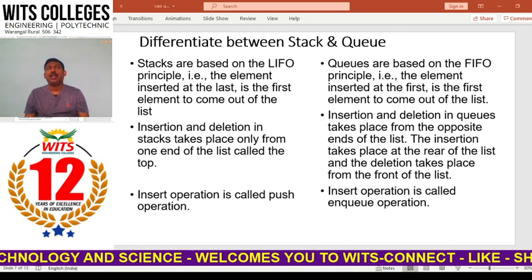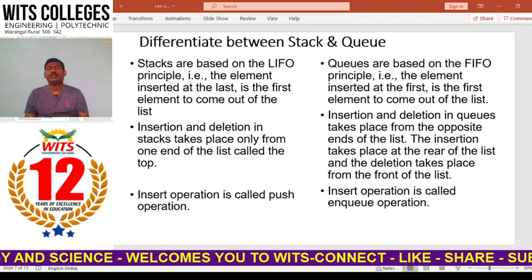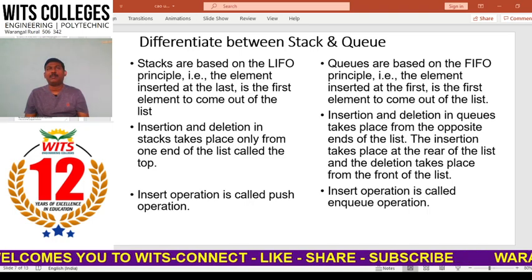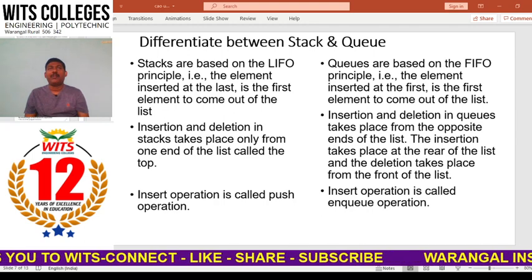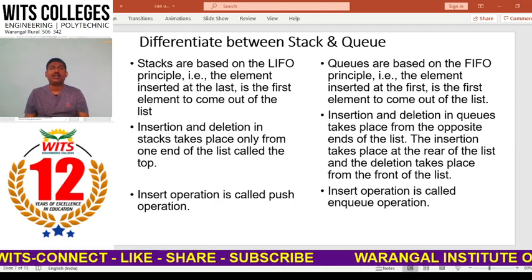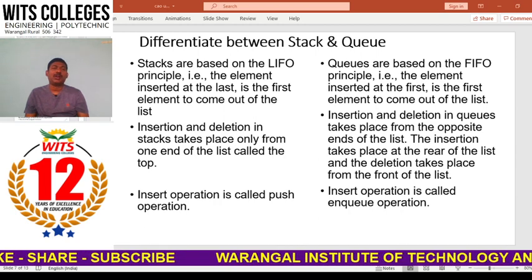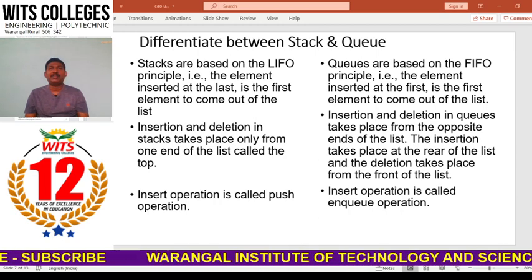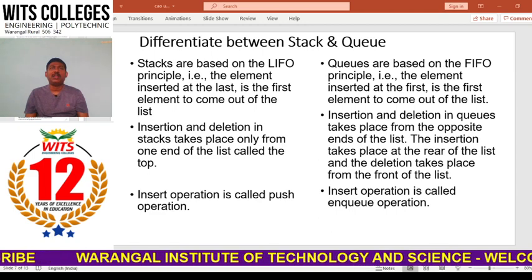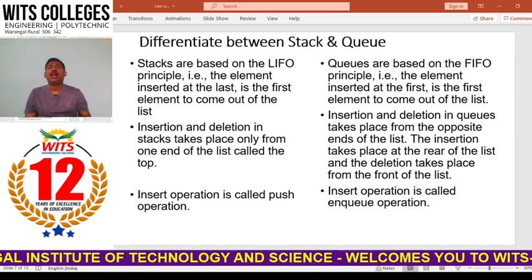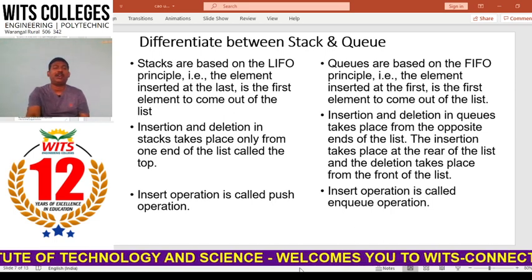Next comes the insertion and deletion procedures in stacks and queues. Insertion and deletion in stacks take place only from one end, that is called the top. Whereas insertion and deletion in a queue take place from opposite ends of the list.